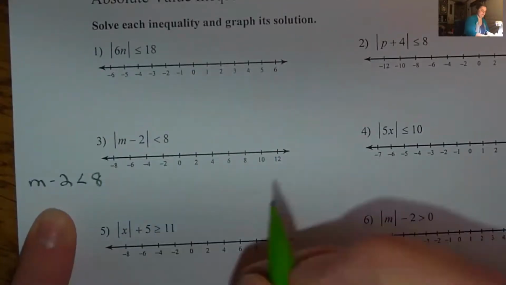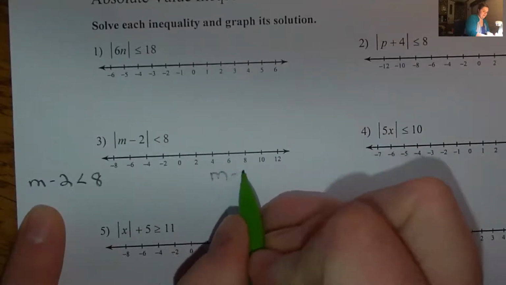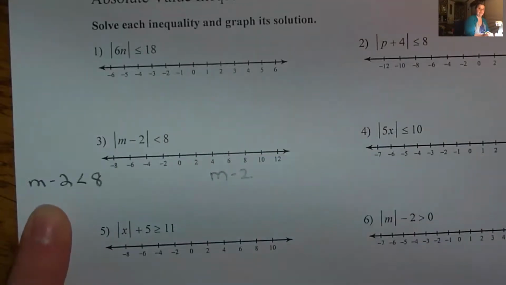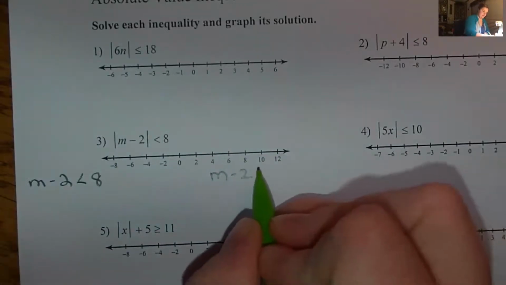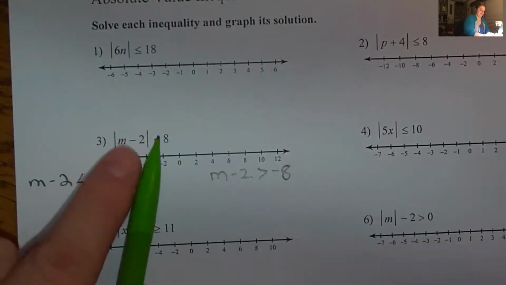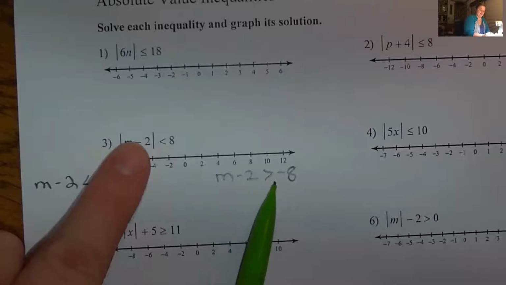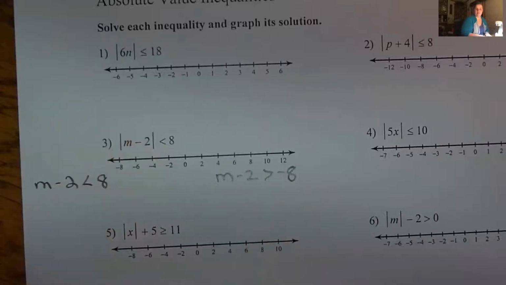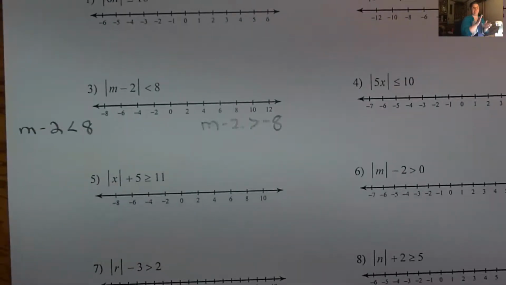That's one of them. Then I have m minus 2, opposite sign, so we're going to flip it, negative 8. Flipping it just means that it was facing the 8 before, now it's not facing the number. So when we take care of the negative one, we flip that sign.